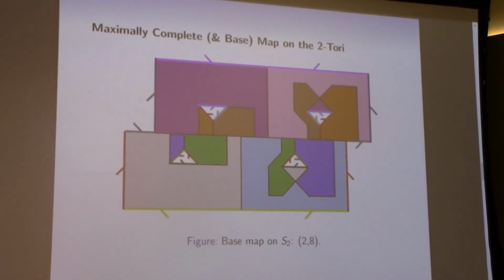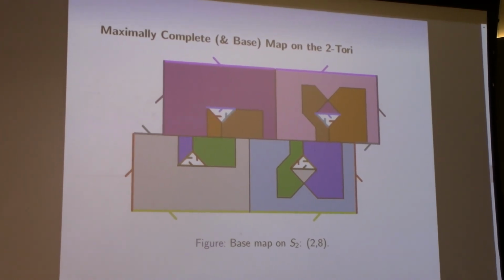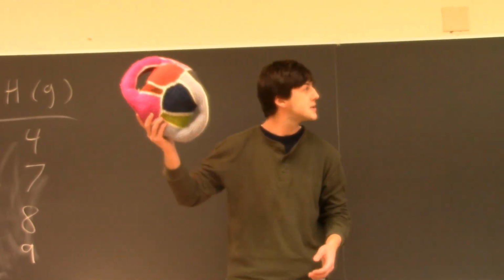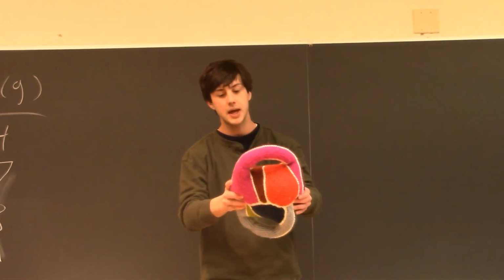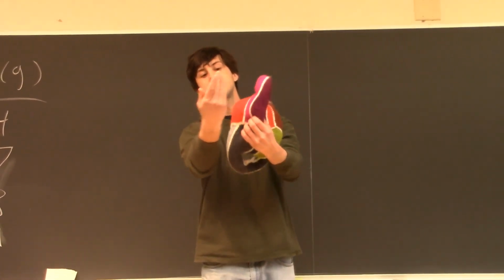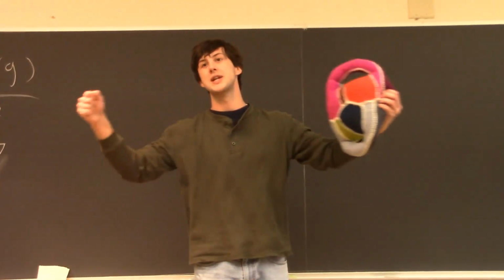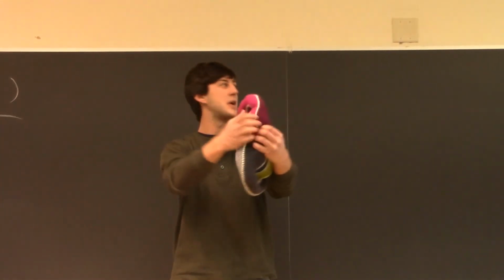So here is another base map that we used, which is the 8-color maximally complete map on the genus 2 surface, and this is just a representation that you get by cutting it by a plane and unfolding it like a hot dog bun. Right?